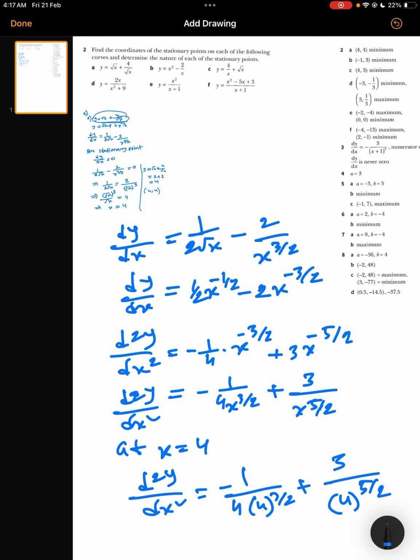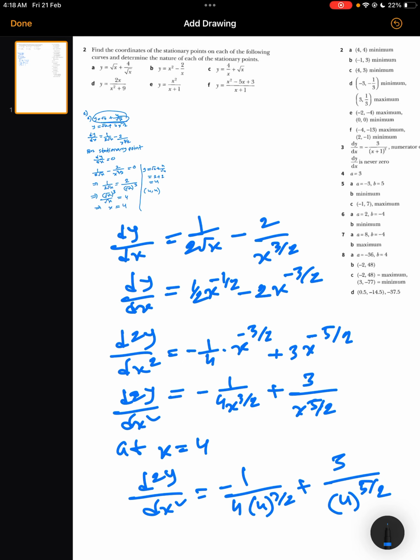Minus 1 by 4 times 4 to the power 3 by 2 plus 3 over 4 to the power 5 by 2.